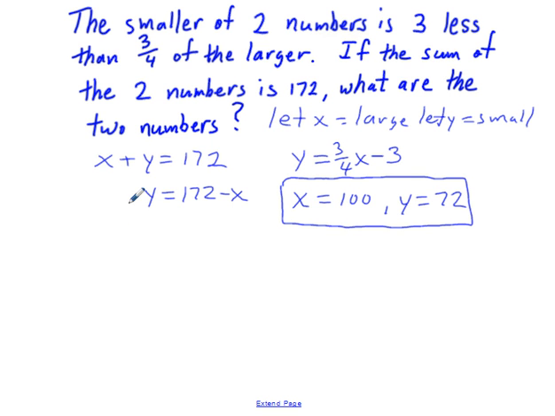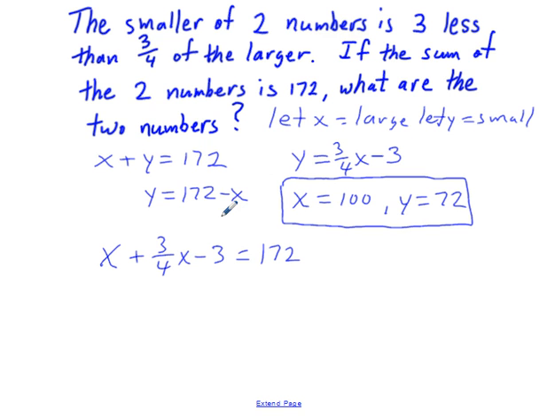If you say let large number plus small number equal 172, well, we already know x is our large number, and our small number y is equal to 3/4 x minus 3. And we know that these two added together are 172.